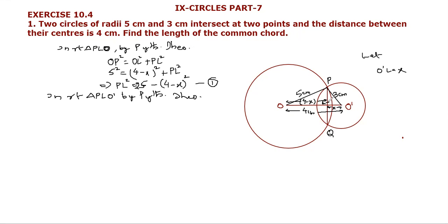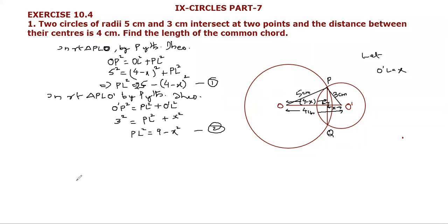This is perpendicular, so O dash P is the hypotenuse. So O dash P square is equal to PL square plus O dash L square. O dash P is the radius, 3 square, PL square we don't know, O dash L is X, so X square. So from this equation, we get the value of PL square as 3 square, 9 minus X square, second equation.